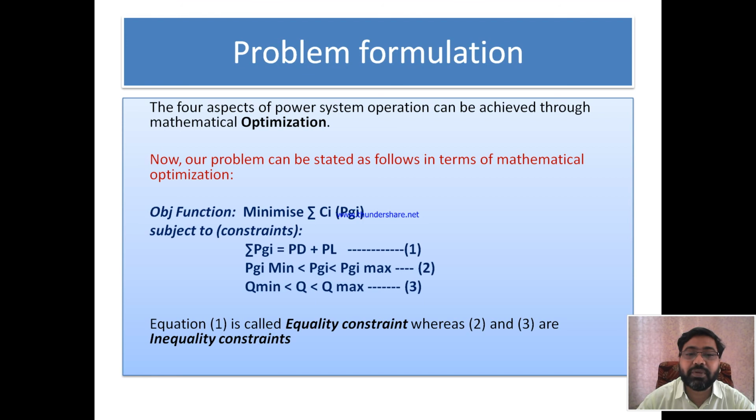The second equation is PGi min less than PGi less than PGi max, limits on power generation of the ith unit, any unit, where i means 1, 2, 3, and so on. Q min less than Q less than Q max is the third equation, which is the reactive power constraint. Equation 1 is called an equality constraint, whereas equations 2 and 3 are inequality constraints, because there is no equality sign here, there is a less than sign here.